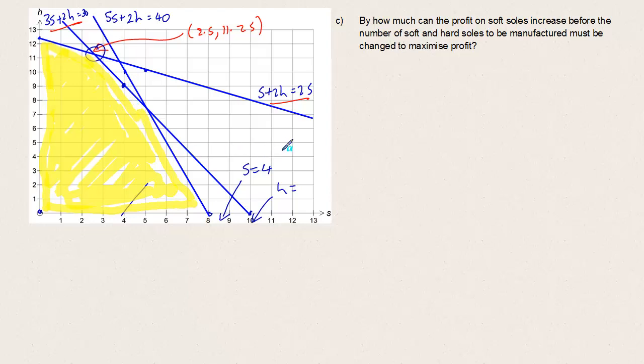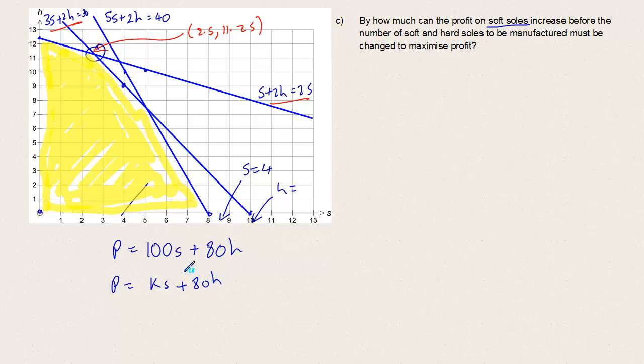And we need to look back at some of the others that were being used, but we're increasing the profit on this one, on the S. Remember, the current profit was 100S plus 80H, and we're going to use a new profit of K, so that's going to be KS plus 80H, because this one's not changing.